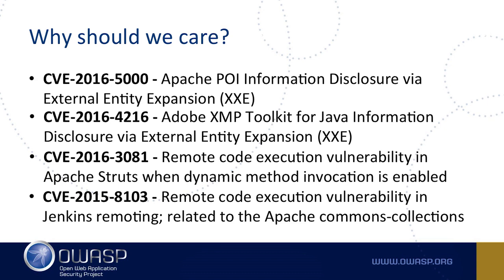Jenkins was built using a third-party library, Apache Commons Collections. They had a method to read and deserialize data. If you read the documentation, it basically said, don't ever deserialize untrusted data. But who reads the documentation? So, of course, Jenkins deserialized untrusted data.